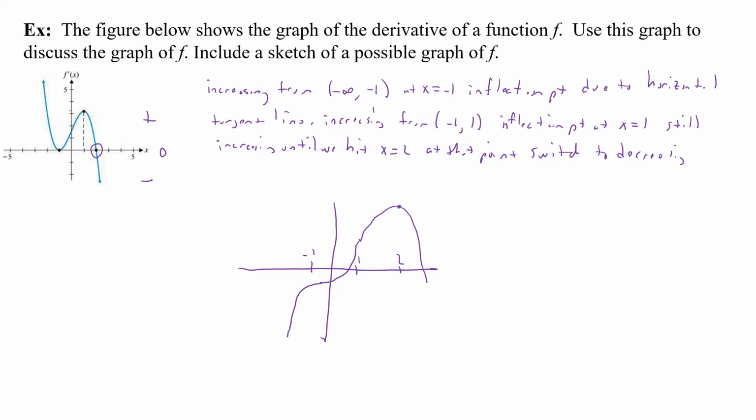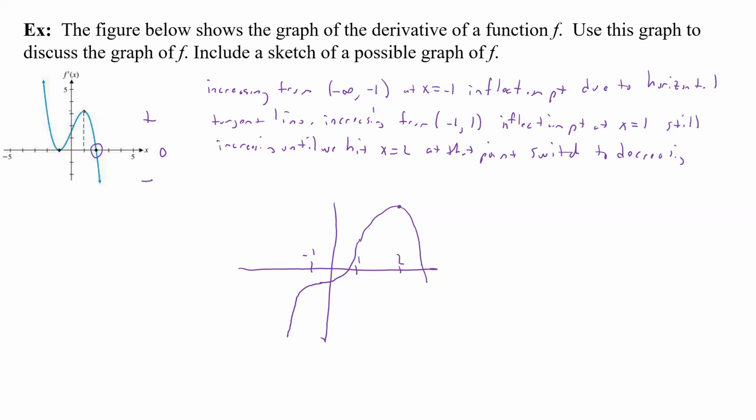Okay, so again, these are rough sketches. It'd probably be better to draw your points in beforehand, but we know that here we're increasing, our slope is increasing. So, we're going up. At the -1, we have this point of inflection. So we're switching from concave down to concave up.